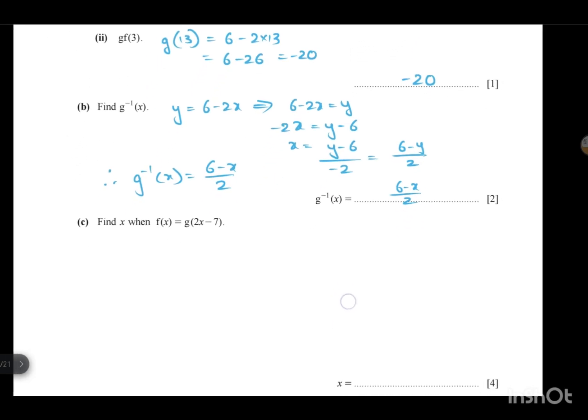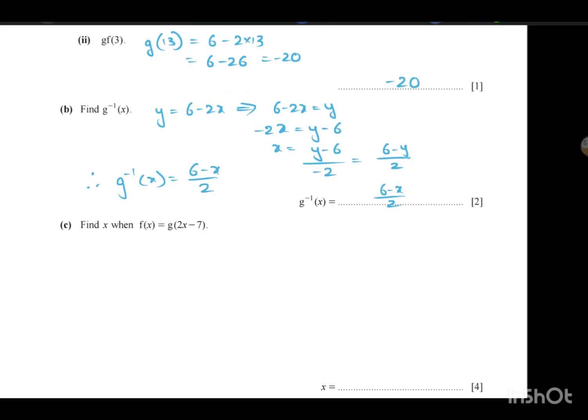Question number C. Find x when f of x is equal to g of 2x minus 7. So f of x is 4x plus 1 and g of 2x minus 7 will be 6 minus, sorry, 2 into, because it is 6 minus 2x, so 2 into 2x minus 7.